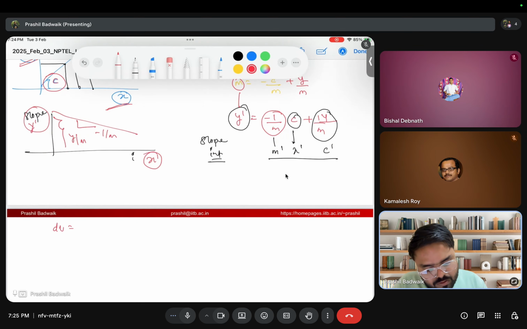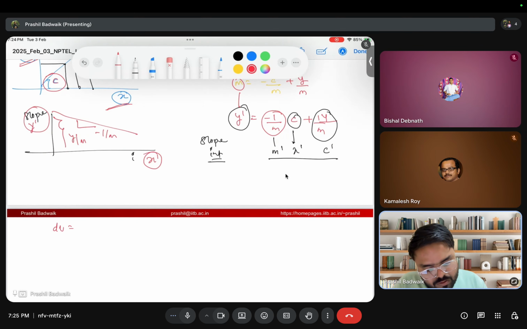We change it to c is equal to y minus mx, right? So this value is my intercept, and this is my x value, new x. It can be represented like this also, both ways are fine, correct?